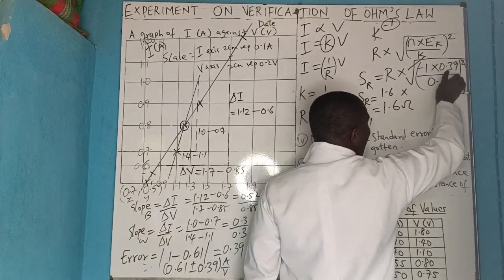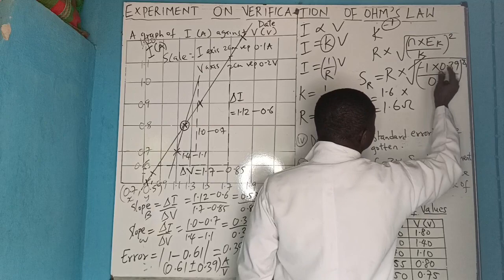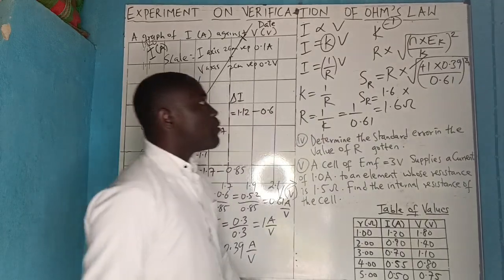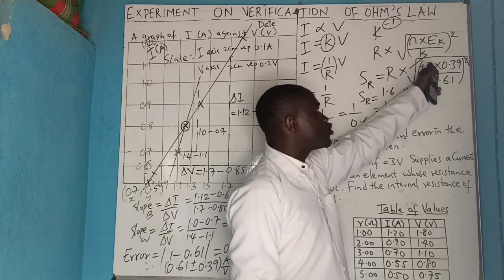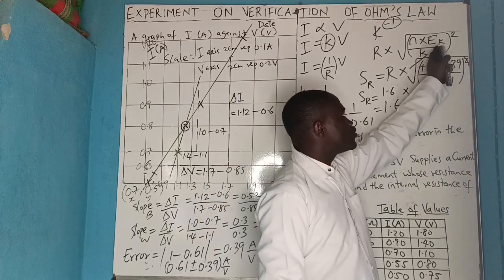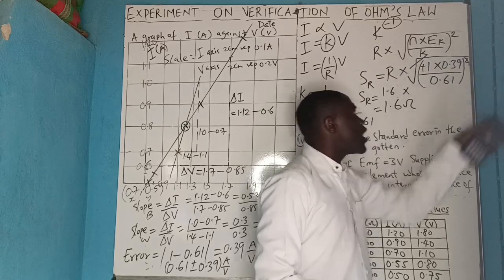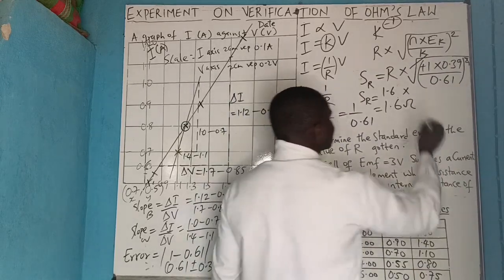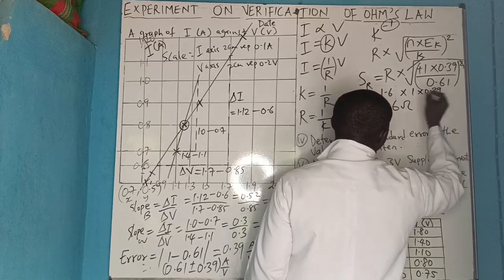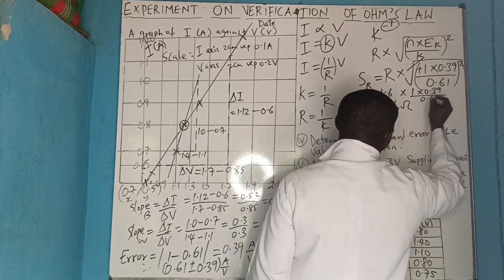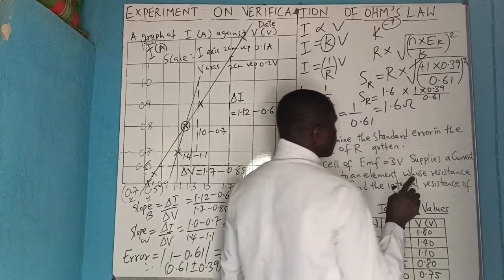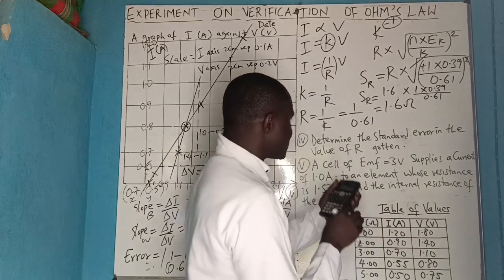So this will now be plus because of that power of 2. Power of 2 will clear that minus to be plus, and still have the power of 2 there, so as it will take care of the square root. And so we now say 1 times 0.39 all over 0.61. This minus changes to plus because of that power of 2. So we now press it in our calculator.